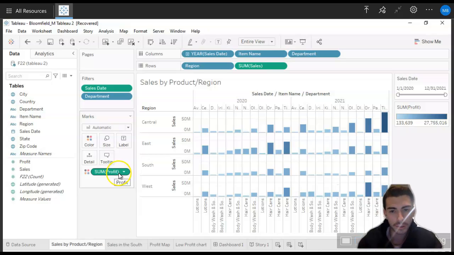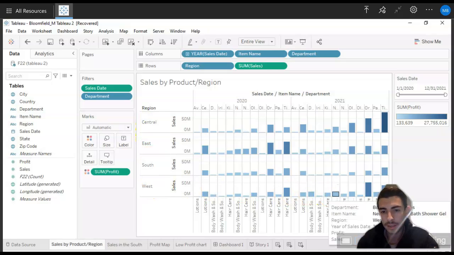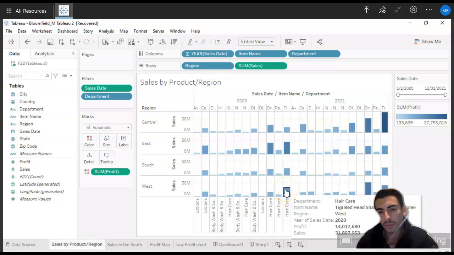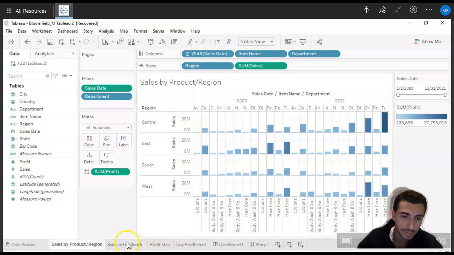So that's why I included the profit. Here you can see central, east, south, west, and every single product. Hair care. Here it will show you the item name, region, what year, profit 14 million, and sales 31 million.